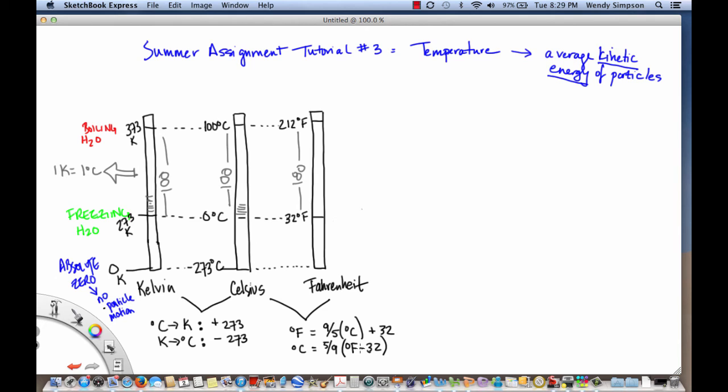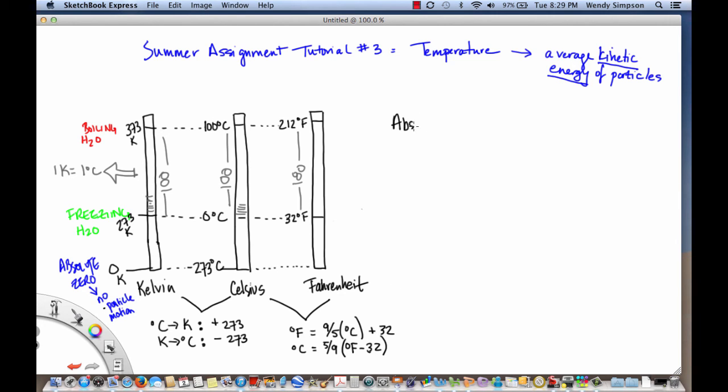So we can use that math to figure out what absolute zero is in Fahrenheit. How do we do that? Well, we know that absolute zero in Celsius is minus 273, and I want to go to Fahrenheit.